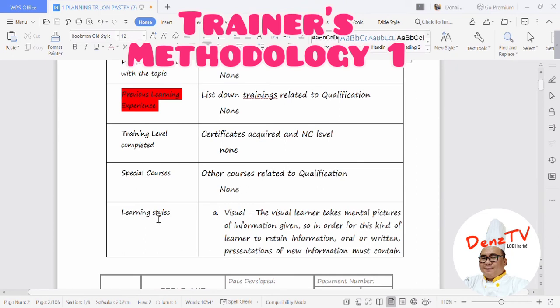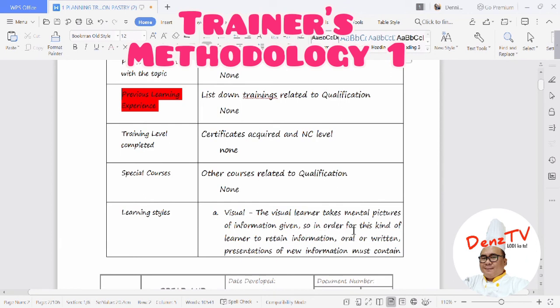So, now, learning styles. This is also important in determining the characteristics of learners. So, either visual, we say visual by the trainees. Visual learners take mental pictures of information given.